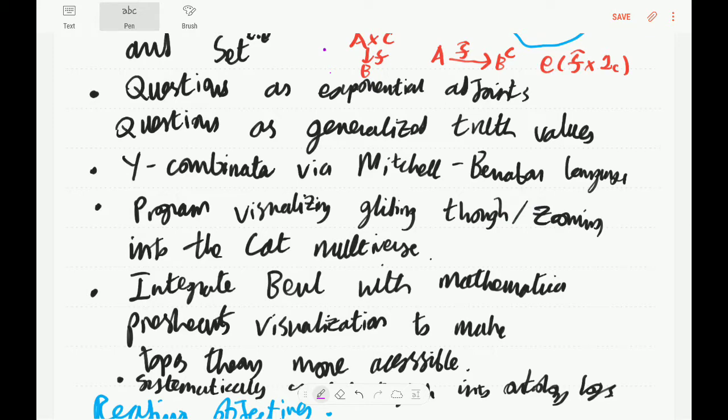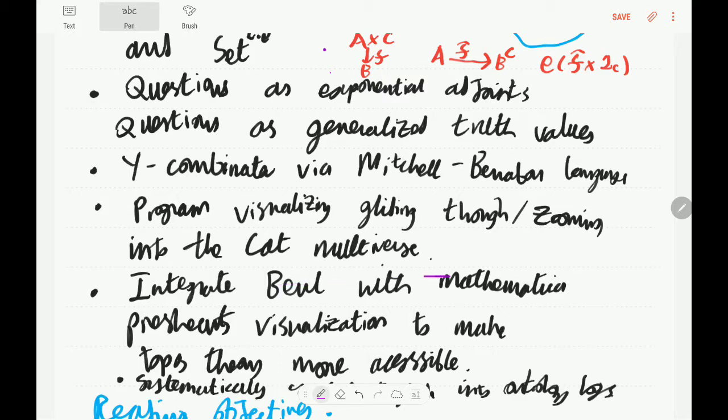There's also this, speaking of connection to computation, this kind of Boole language, which is a language which people are developing for doing computations in a general topos.